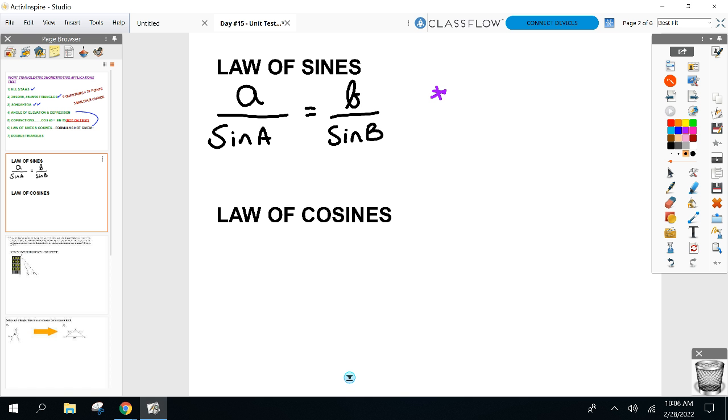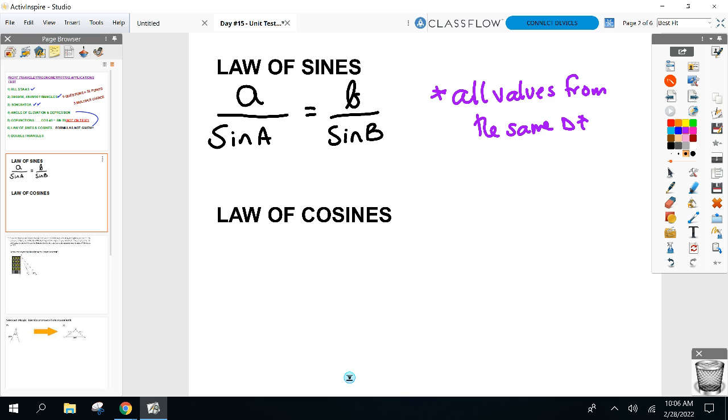All the sides and all the angles have to come from the same exact triangle. You can't say, oh, I'll use these two sides from this triangle and these two angles from this one. No, all four values you plug in have to come from the same triangle.